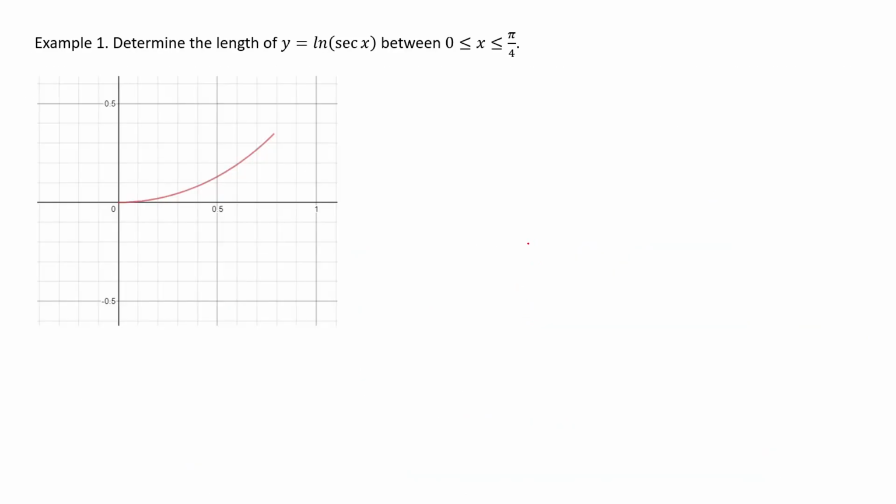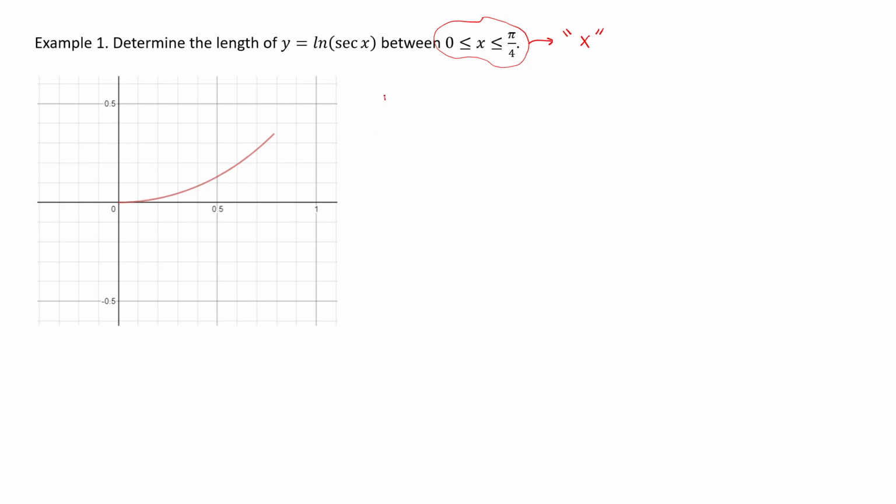Okay, so let's try to solve an example. Determine the length of y equals ln of secant x from 0 to pi over 4. The range is in the x direction. What's nice here is that if you are given the limits of integration in the x direction, automatically we use the formula with respect to x.